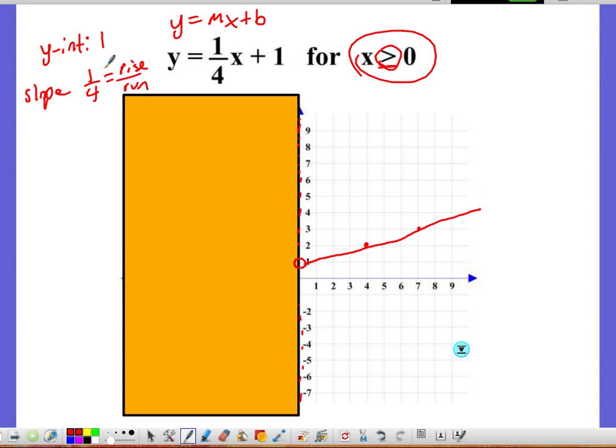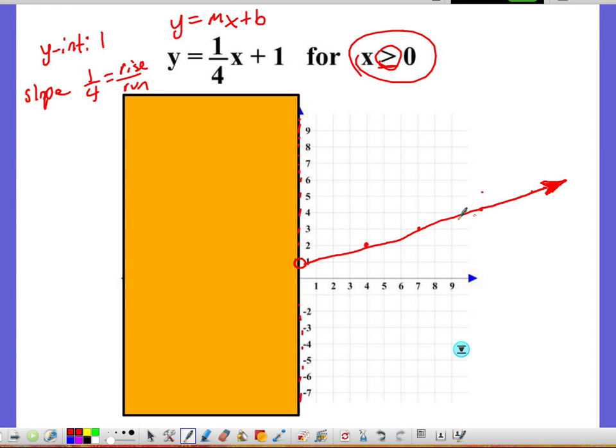Now, notice I can just keep on graphing the rise over the run, and I can just keep going to the right. And so if I can keep going and never stop, I can represent that with an arrow. So the arrow means that the line just keeps on going.